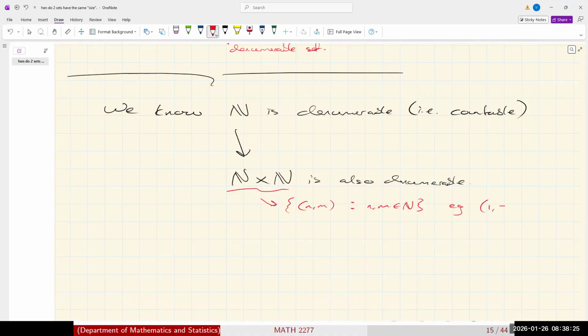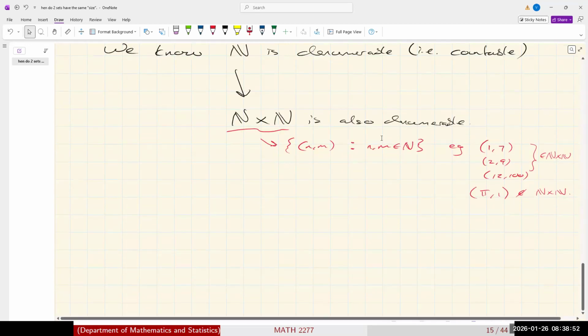For example, (1, 7), (2, 9), (12, 100) all belong to N cross N. (Pi, 1) does not belong to N cross N, because pi is not a natural number. So that is what N cross N is.